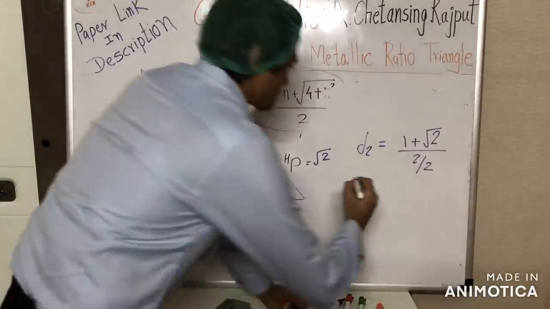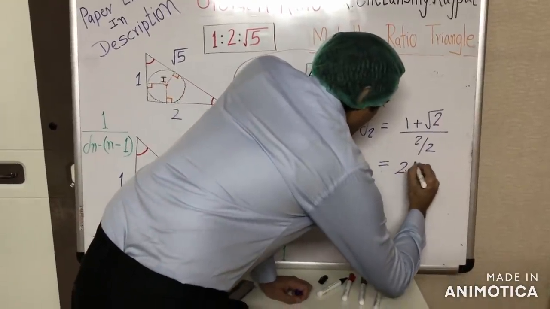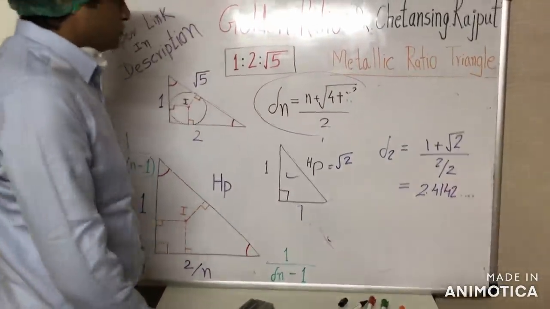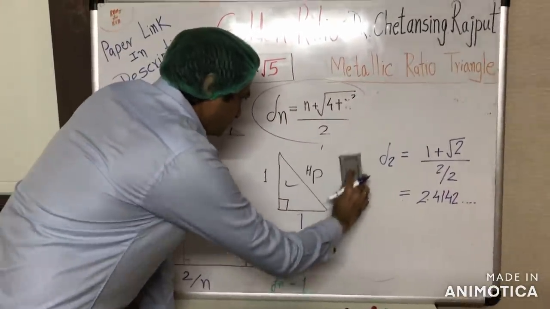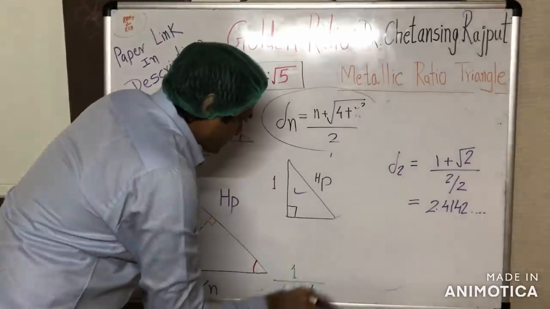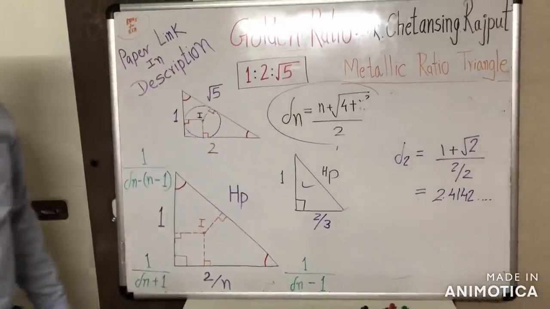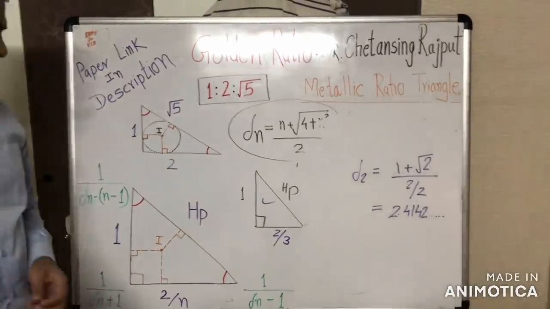Okay, and this value is precisely equal to 2.4142 and so on. Similarly, the right triangle with its catheti 1 and 2/3 can precisely represent the bronze ratio.